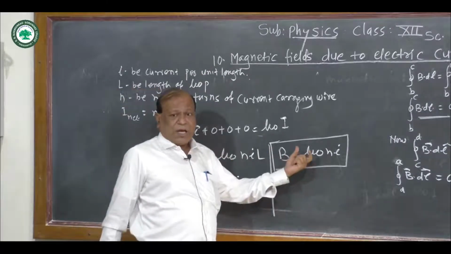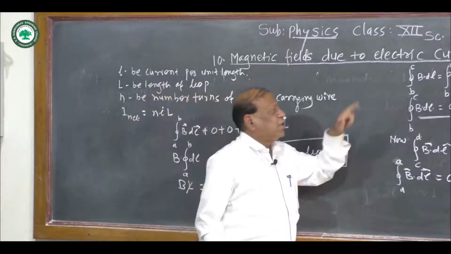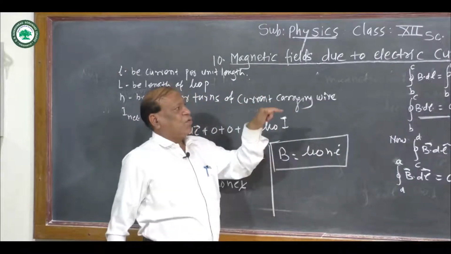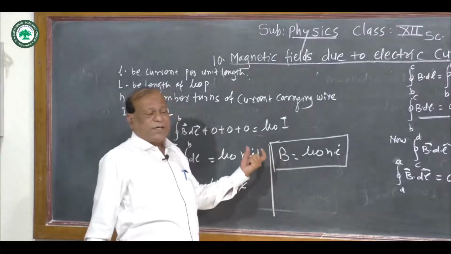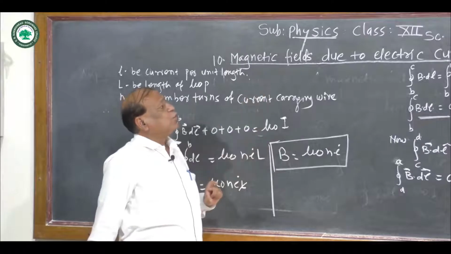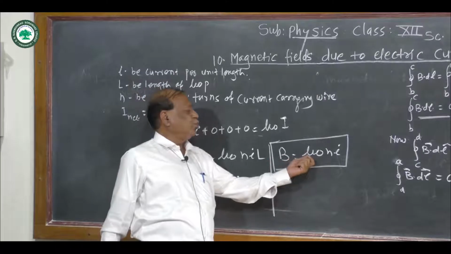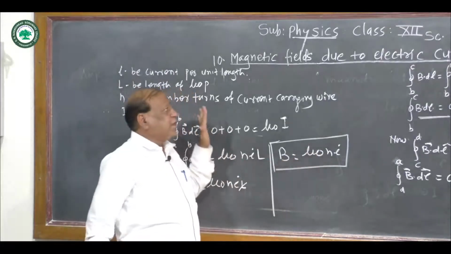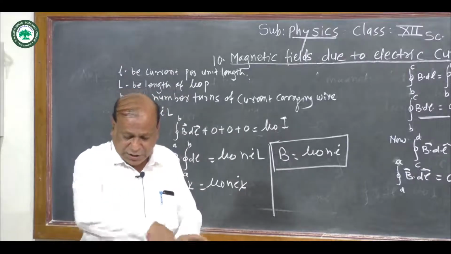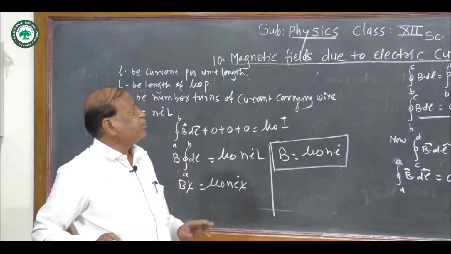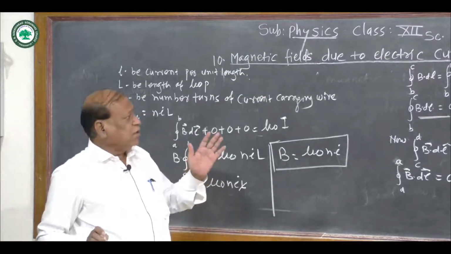Mu 0 is the absolute permeability, and N is the total number of turns of the conducting wire wound on that solenoid. B is the magnetic field produced by that solenoid, given by B equals mu 0 Ni. In this way, we easily apply Ampere's law, and we can find the magnetic field of a solenoid.